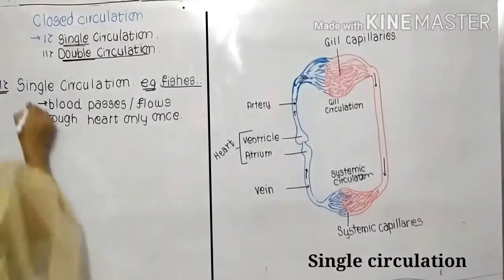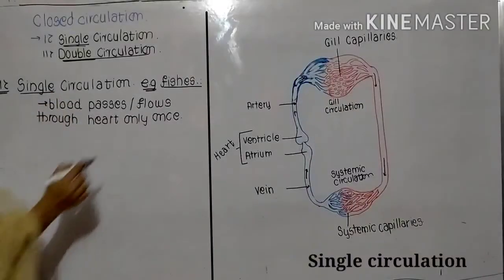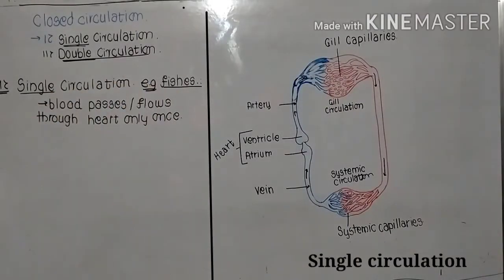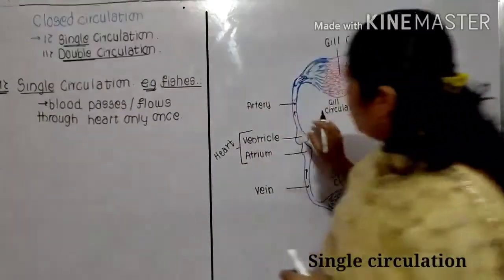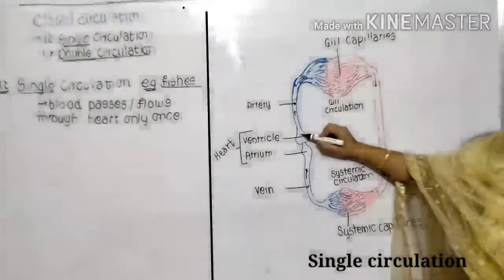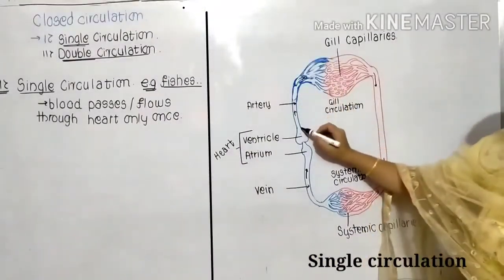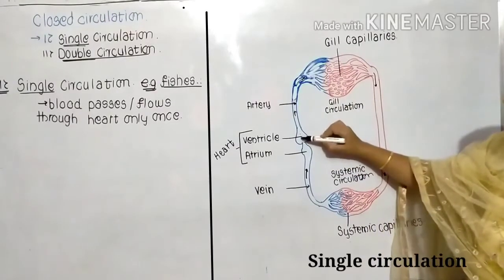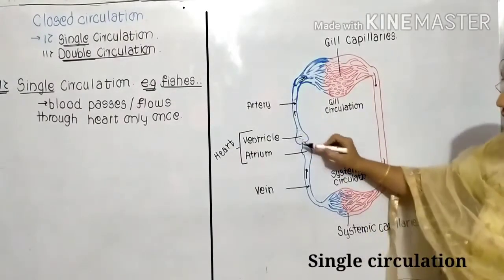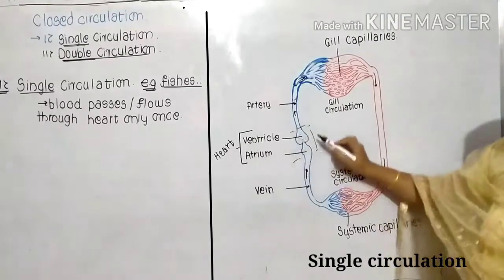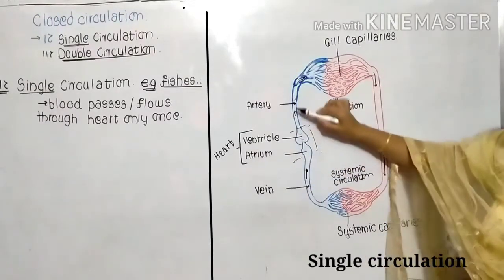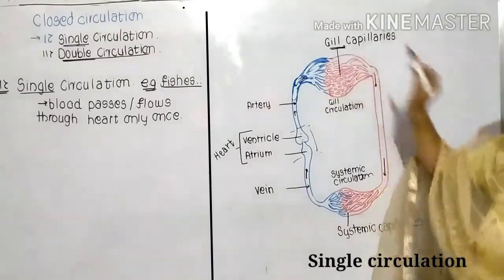That's why it is known as single circulation. I have shown you the diagram here. The deoxygenated blood is shown in blue color. From this heart, deoxygenated blood enters into the gills.